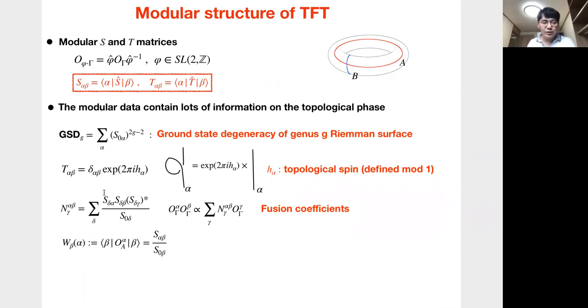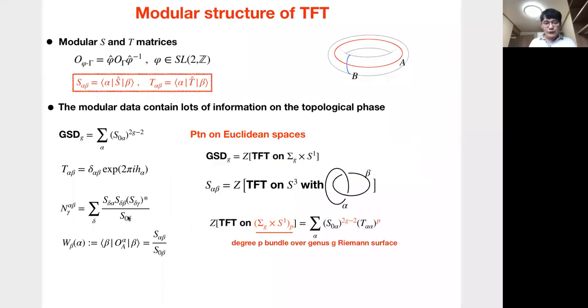And the fusion coefficients can also be computed using another Verlinde formula using the S matrix. Also, partition functions on Euclidean space can be computed using the S matrix, such as the ground state degeneracy, which can be regarded as a partition function on a Riemann surface times S1.